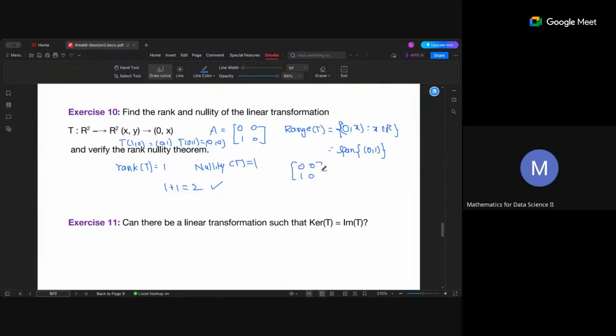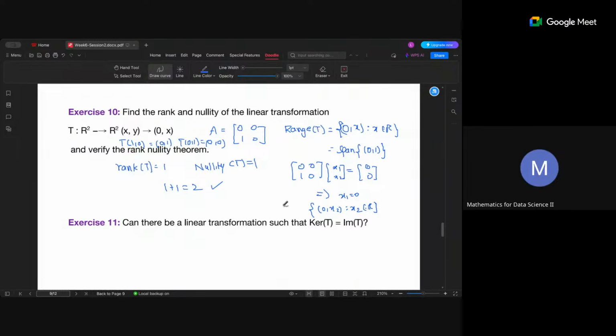Now, what is the null space? The matrix (0, 0; 1, 0) times (x1, x2) equals (0, 0), which gives you x1 equal to 0. So the set of all (0, x2), x2 in R. Is this the same as the range?